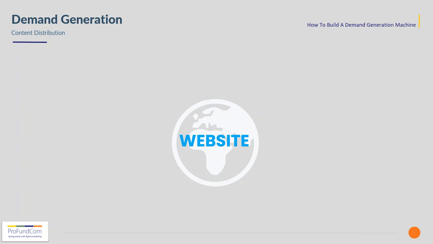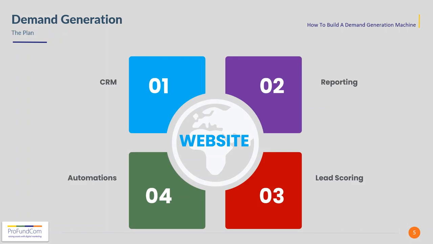The reason for the website being front and center of your demand generation is that off that data, you can feed it into your CRM, your reporting, your lead scoring, and your automations. In this section of the course we don't cover these, but without this data being held in the website, these advanced automations, lead scoring techniques, reporting, and integration into CRM will not be possible.